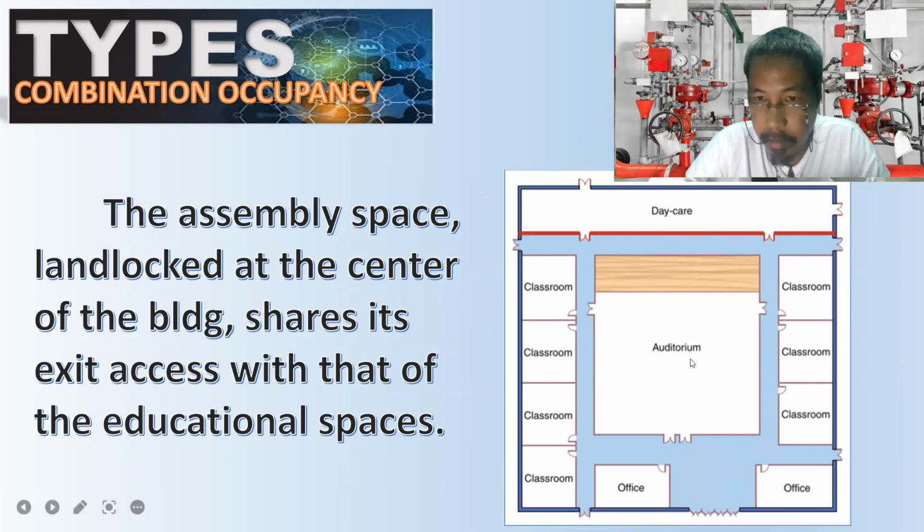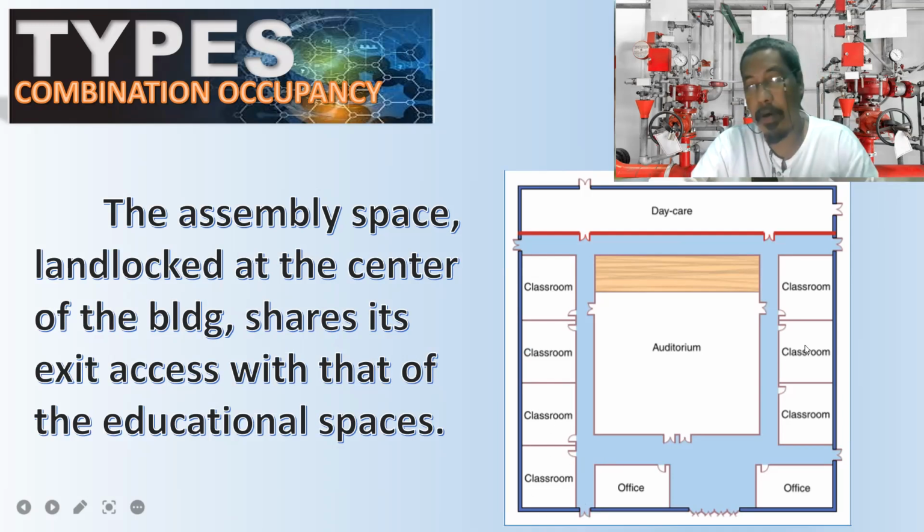Important thing is find out what is the requirement for the educational, find out what is the requirement for assembly, and find out what's the one. This one and this one are shared egress for business and educational.